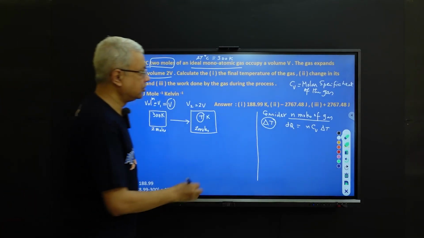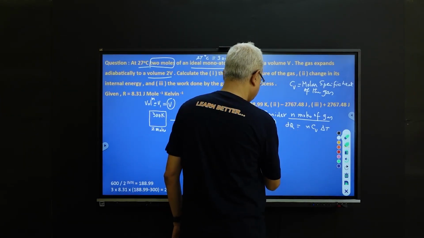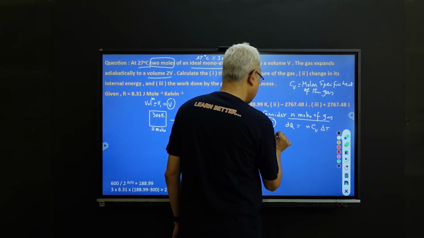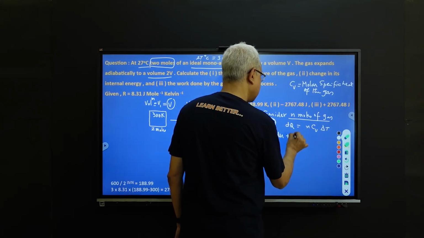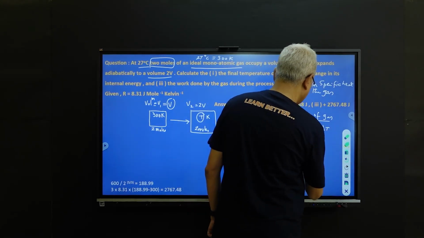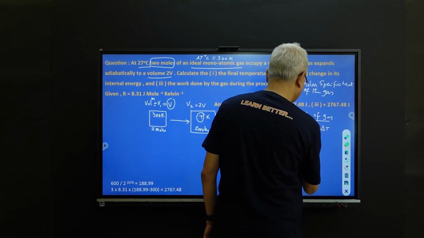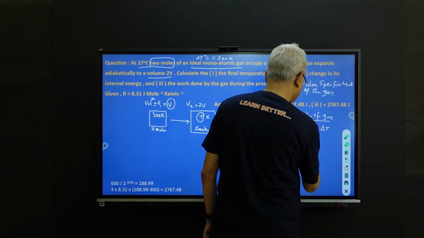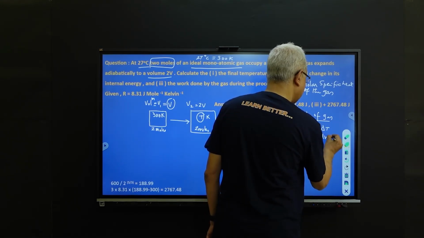Alright, now we know dq equal to du plus pdv. pdv is nothing but dw, the external work done by the gas.